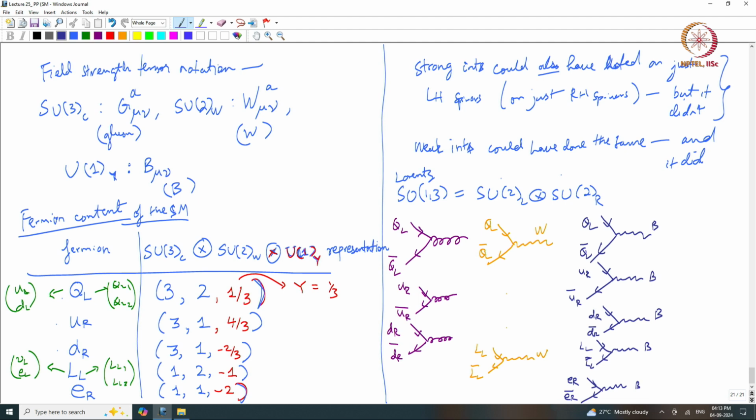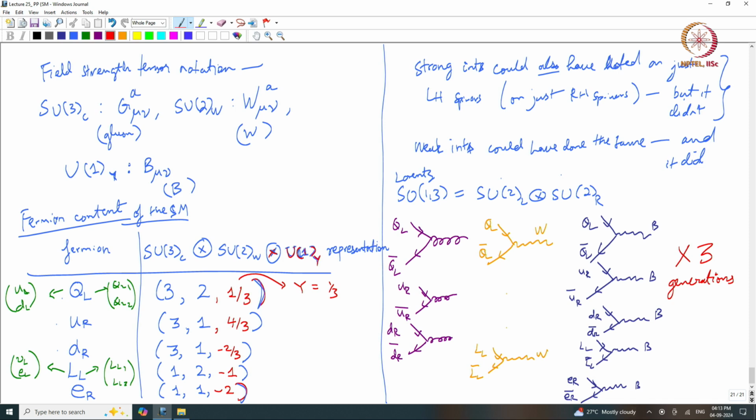Okay, good. Finally, are we missing something here? Something very important when we list out the menu of fermions making up the standard model? What we are missing is the 3 generations. Remember the flavor problem. Why are there 3 generations of matter?